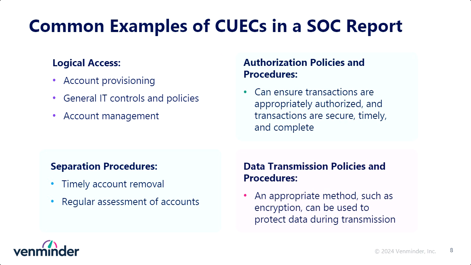Again, it's another area where these controls are primarily in your control. And then data transmission policies and procedures. And appropriate methods such as encryption can be used to protect data during transmission. Obviously, encryption is going to be something on your side of the wire for this particular type of scenario. But these are some real common control sets that you'll see a lot of CUEs kind of fall into.